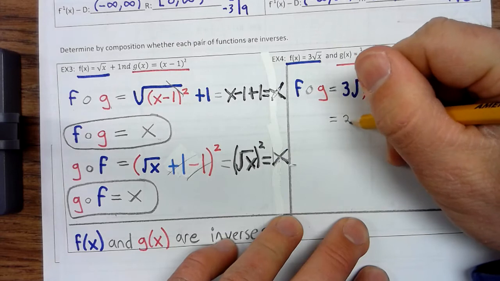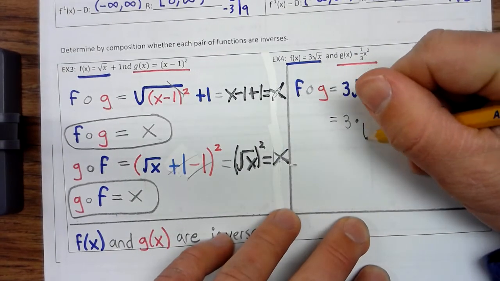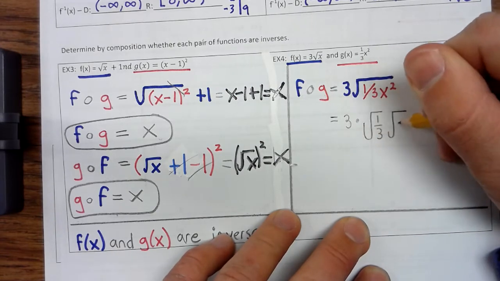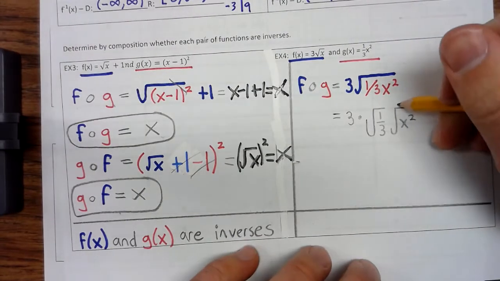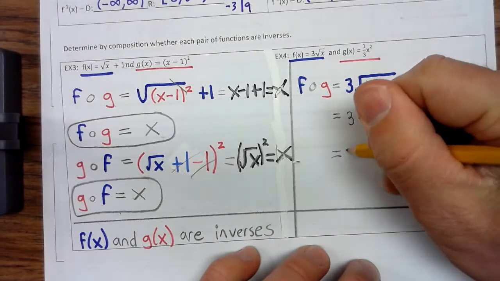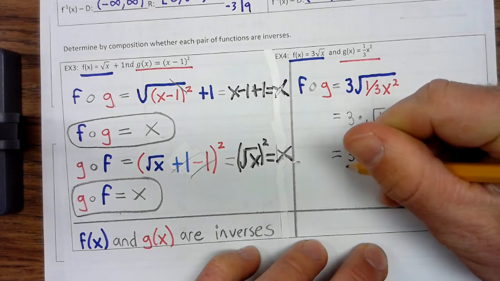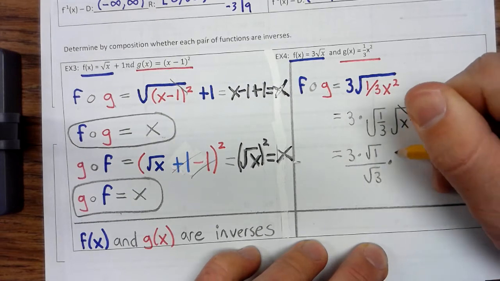So that becomes 3 times the square root of 1/3 the square root of x squared. Now the square root of x squared, that becomes to the power of 1, and then you're left with 3 times the square root of 1 divided by the square root of 3 times x.